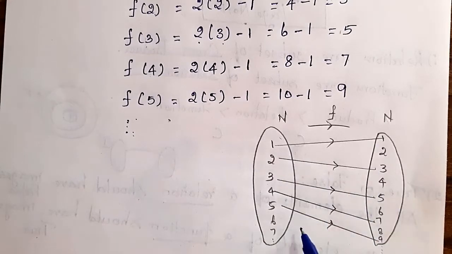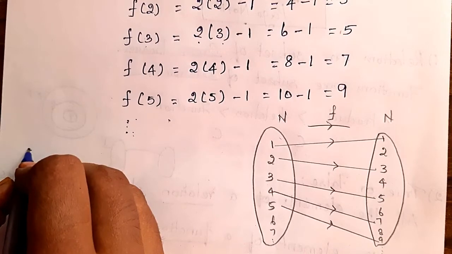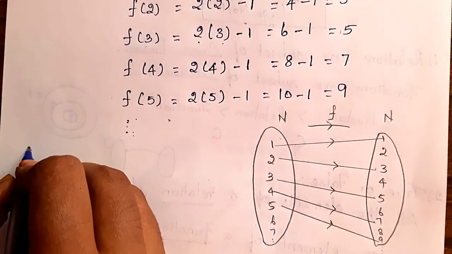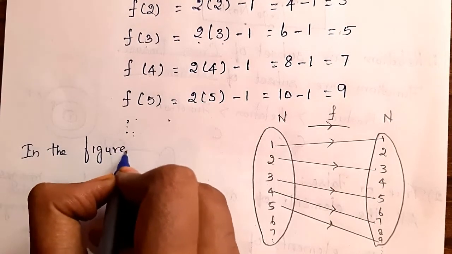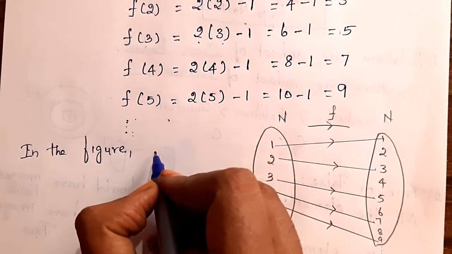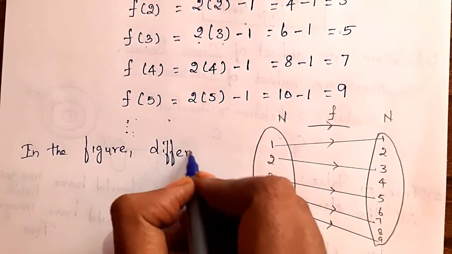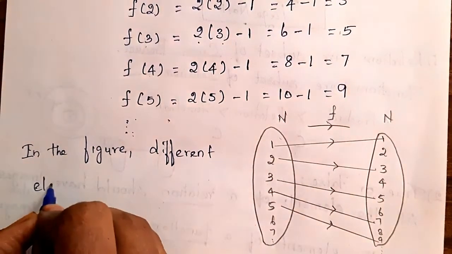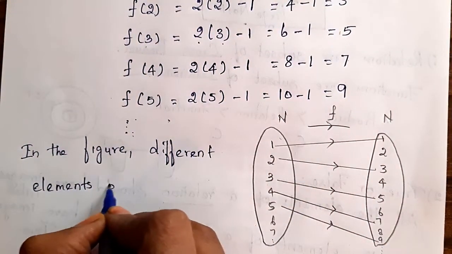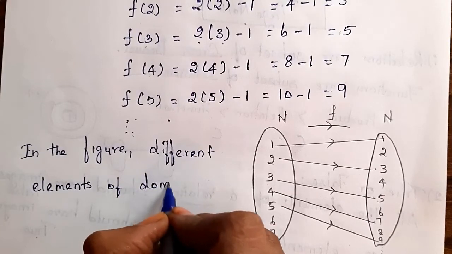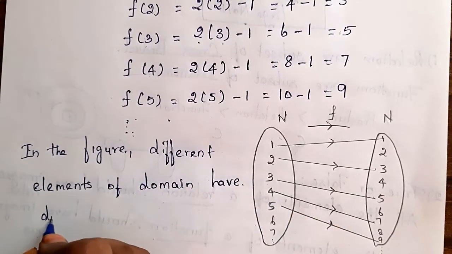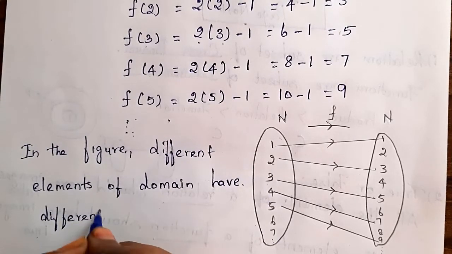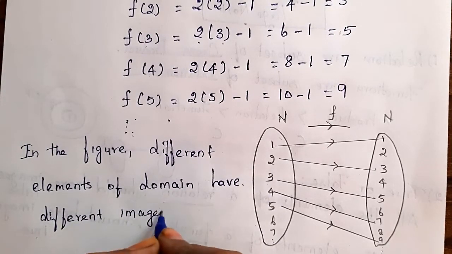So using this figure, what we can conclude is that in this figure different elements of the domain have different images.